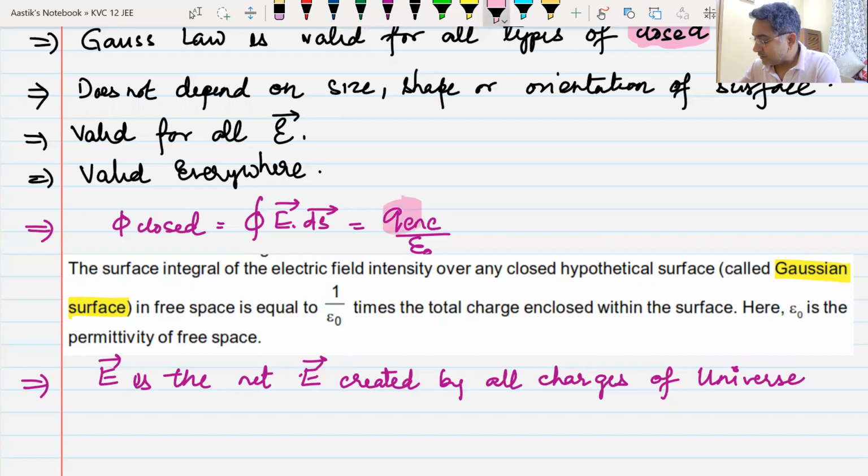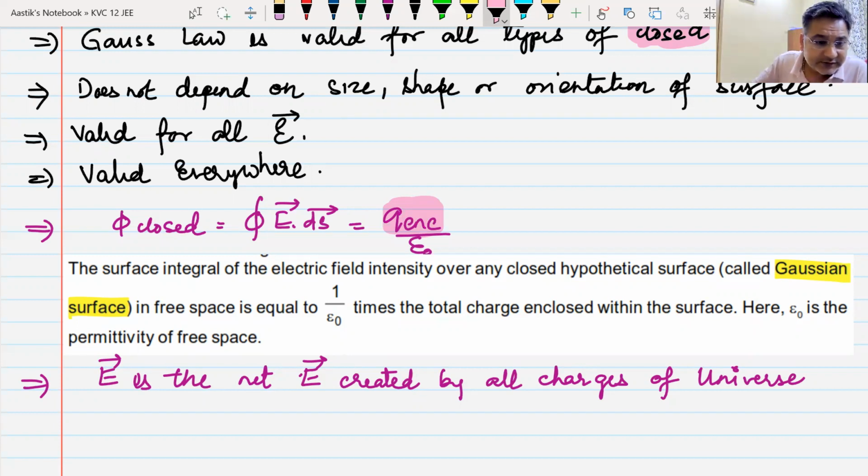But remember, Q enclosed only means those charges which are inside this closed surface. If it is not a closed surface, it is not valid. Do we understand this? Yes or no?